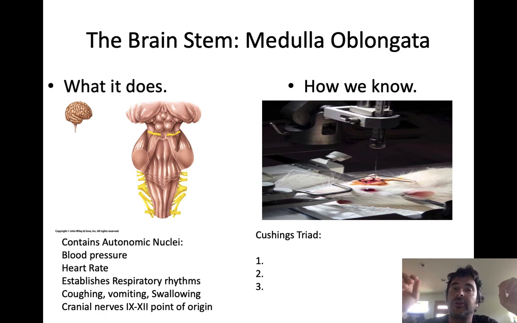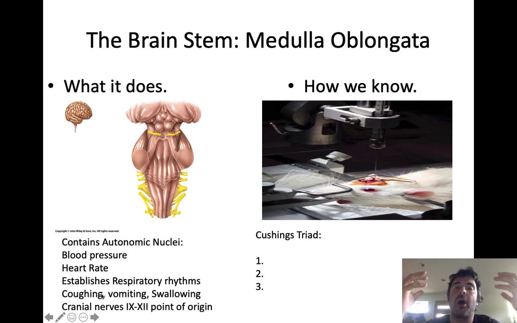In other words, nuclei in the medulla oblongata essentially tell your diaphragm to contract and relax. In other words, it allows you to breathe. So it's a really important structure, right? So blood pressure, heart rate, and respiratory rhythms are established in the medulla oblongata.